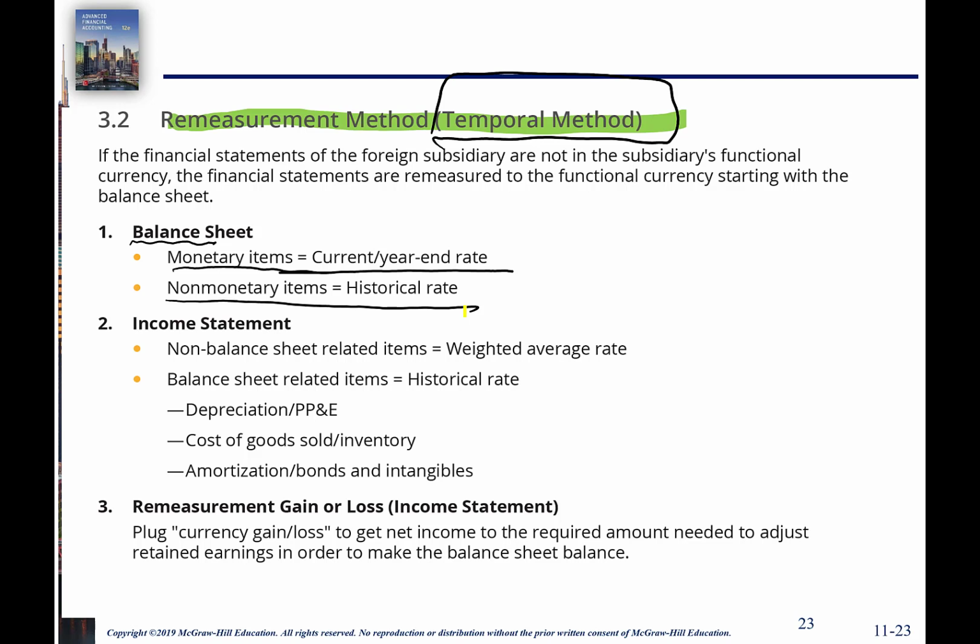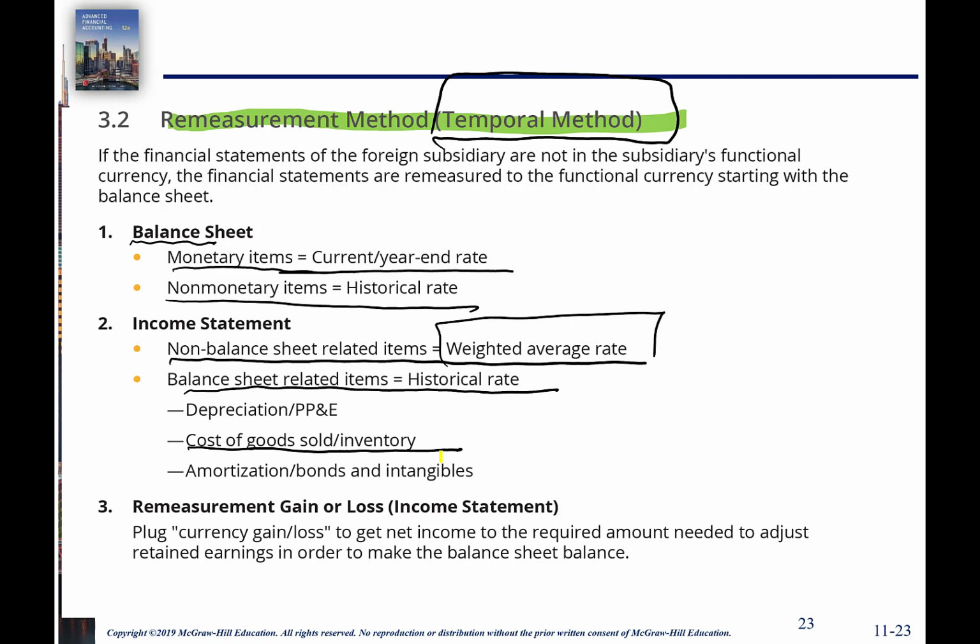Okay? Now, you take a look at our income statement items, okay? And if it's a non-balance sheet related item, sales, salary expense, those sort of things, use weighted average. Okay, if we're dealing with our balance sheet related items, for example, cost of goods sold, if we're dealing with depreciation, okay, then we should go ahead and use the historical rate.